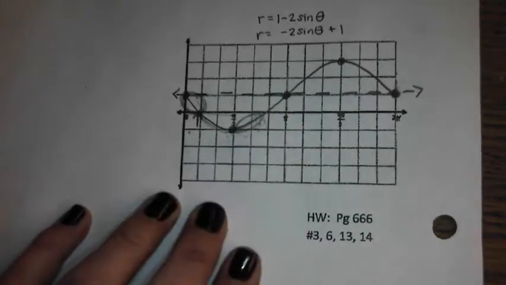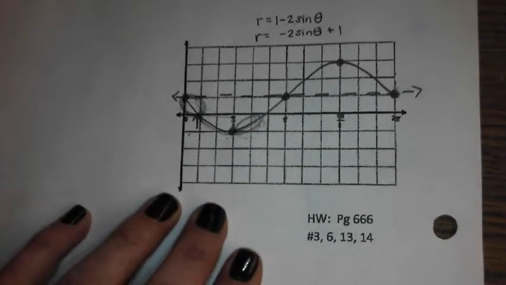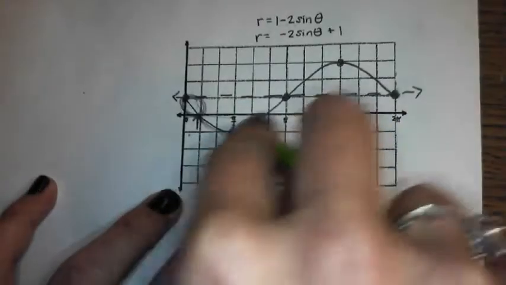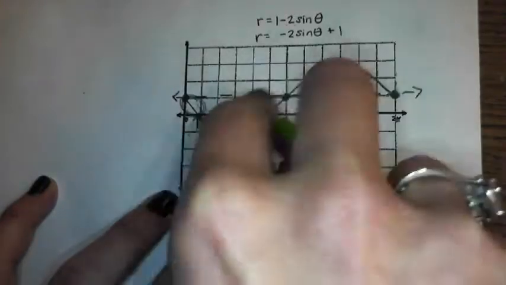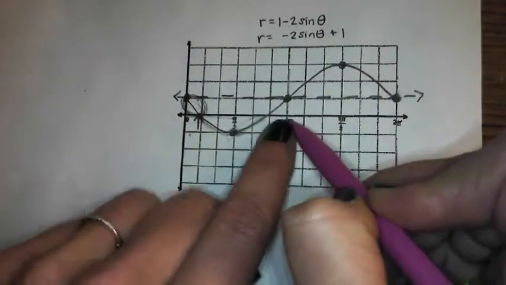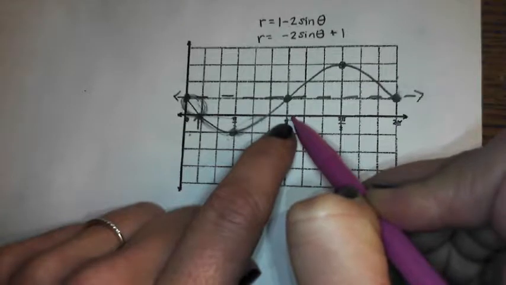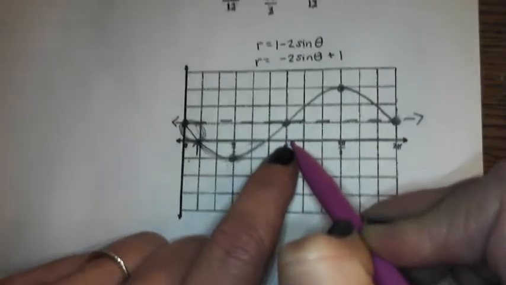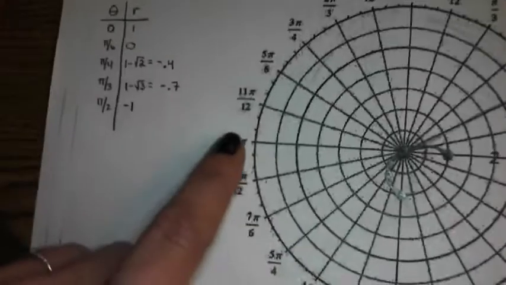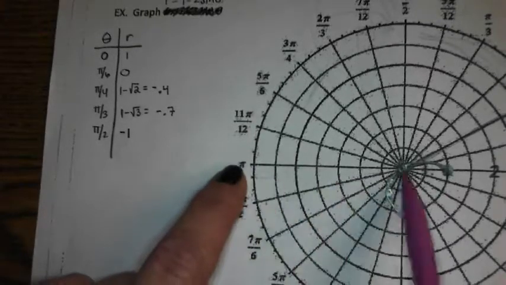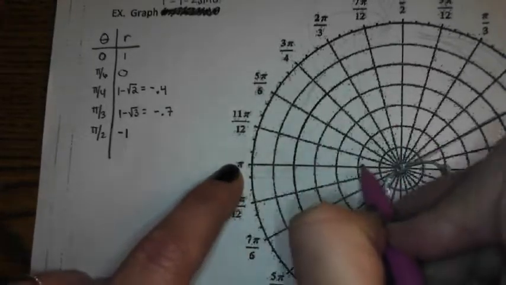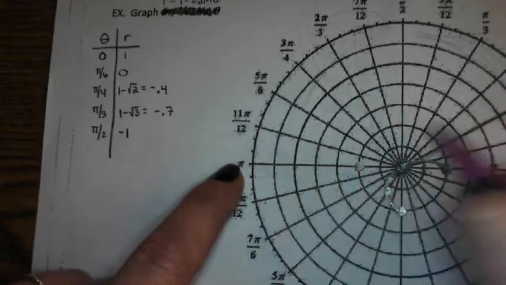Rather than going through the table of values, let's look at our graph here. What other critical points do you see? Okay, so pi is our theta paired with a radius of 1. Remember the scaling.